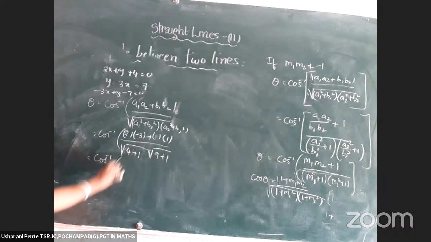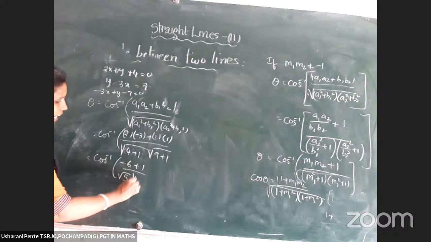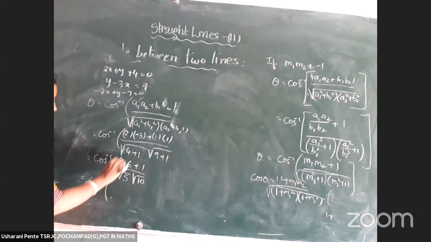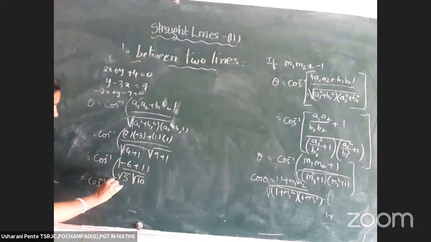So what do we get? Cos inverse of (minus 6 plus 1) by under root of 5 times under root 10. We will take the mod of this, so it will be 5 by under root 50.